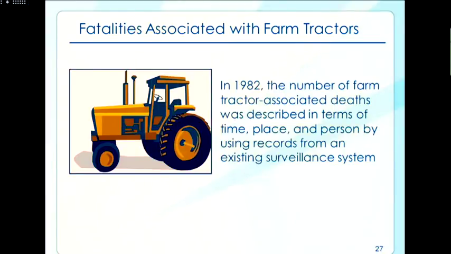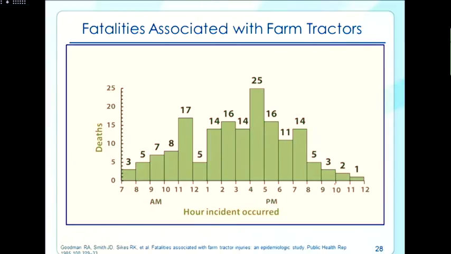Now, we'll talk about the hypotheses in a second, but let's first look at how he described the problem. This graph describes the when for 166 of the farm tractor associated deaths. Let's examine the data by looking at the time of day when the deaths occurred. What inferences can we make from this graph?